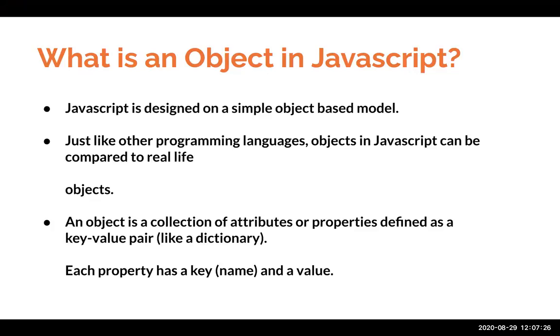So that's what an attribute is. Each property has a key name and a value. For instance, part of the attributes of a car could be color. If we are representing a car as a JavaScript object, we can say color is a key, and the value could be green, blue, or any other color. That's the representation of a car as an object in JavaScript.